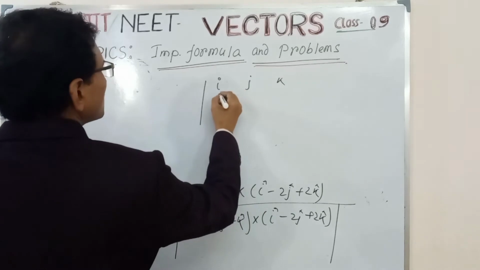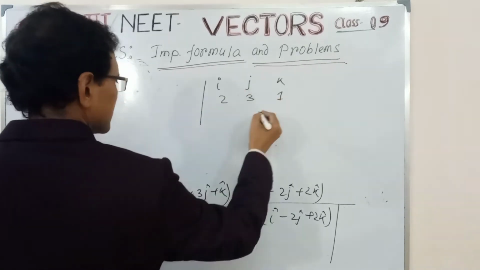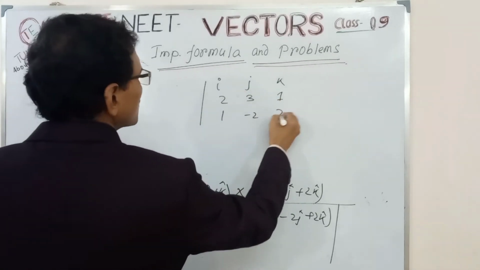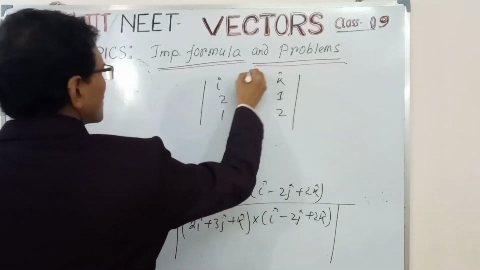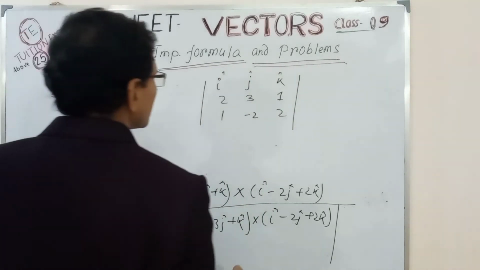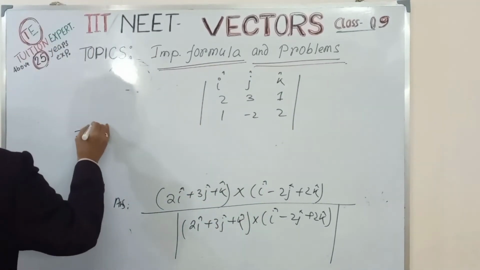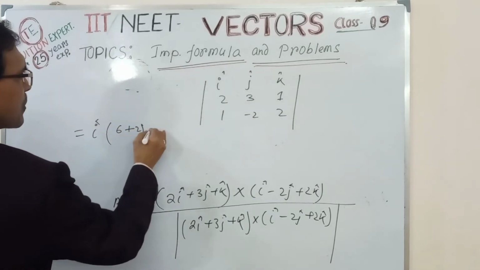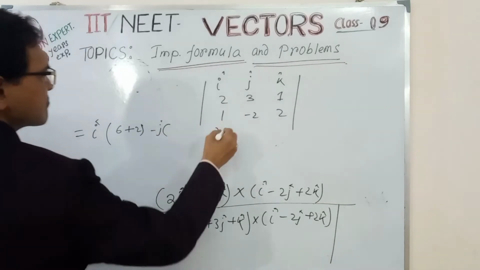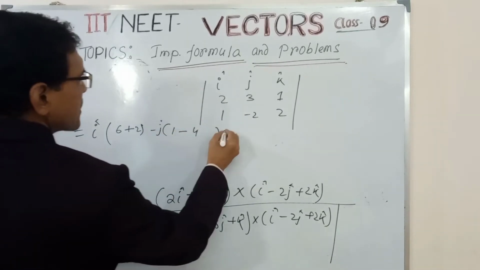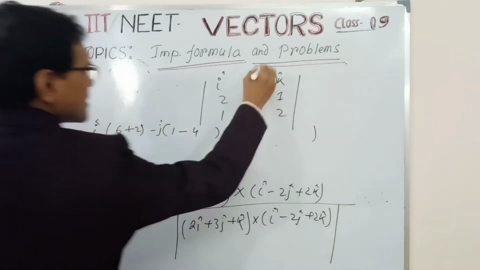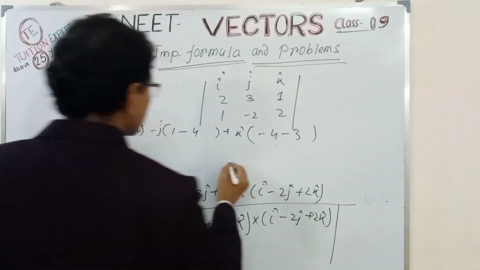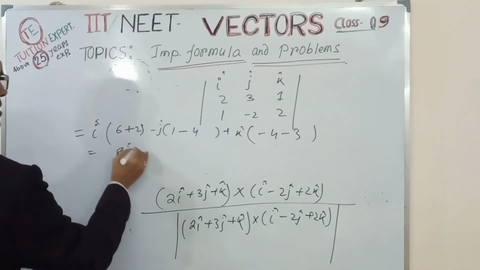i, j, k; 2 3 1; 1 minus 2 2. So this becomes this minus 1 minus this.